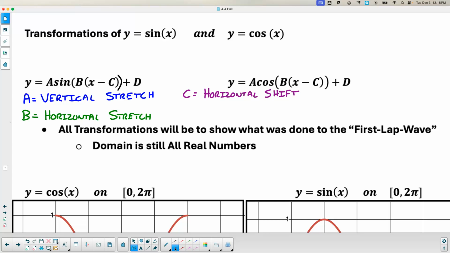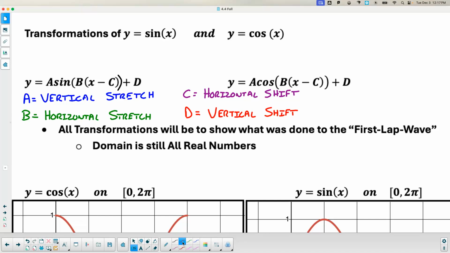So we're going to take the start and we're going to move it horizontally in some direction, either left or right. And finally, our D value is going to be our vertical shift.